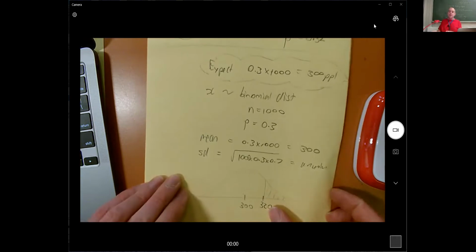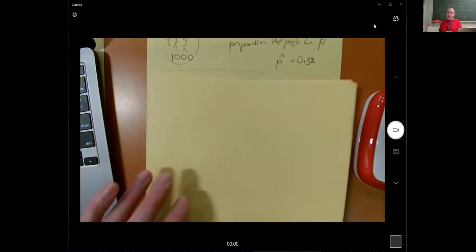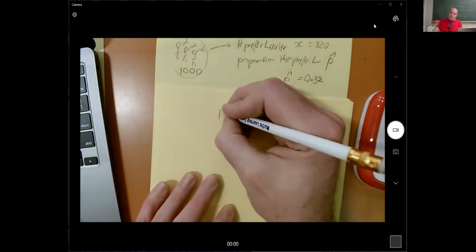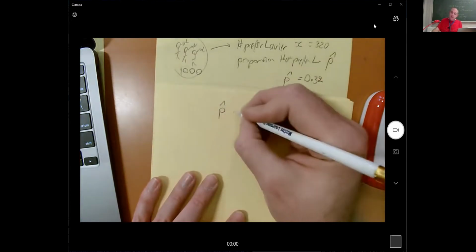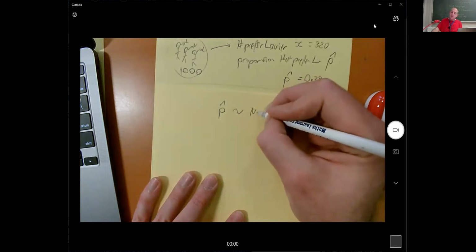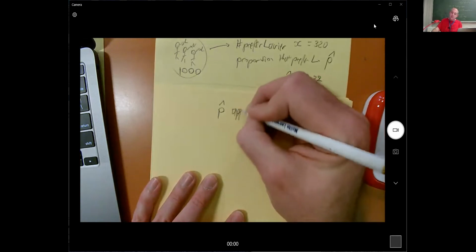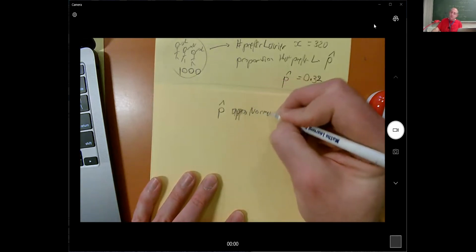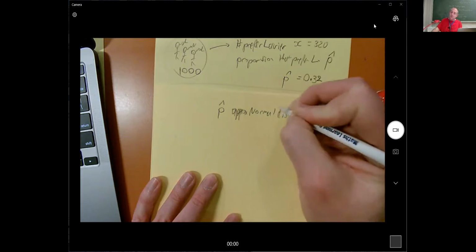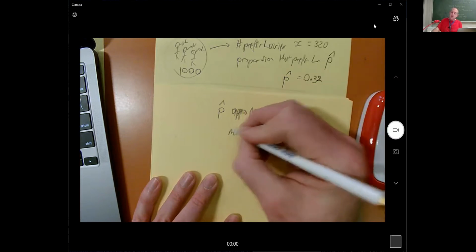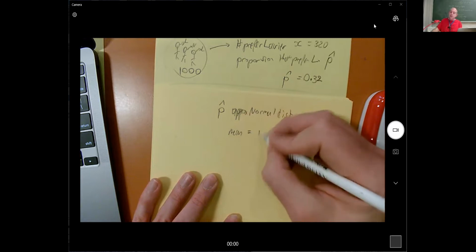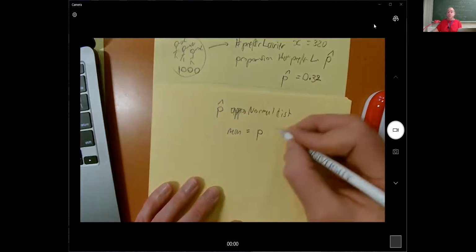So I'm just going to start this question again and go back to here and say P hat has approximately a normal distribution, and the mean of P hat should be P, which is 30%.